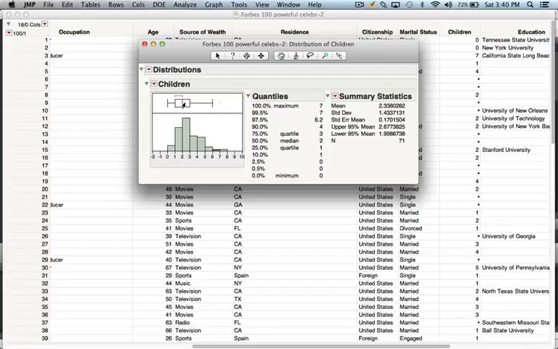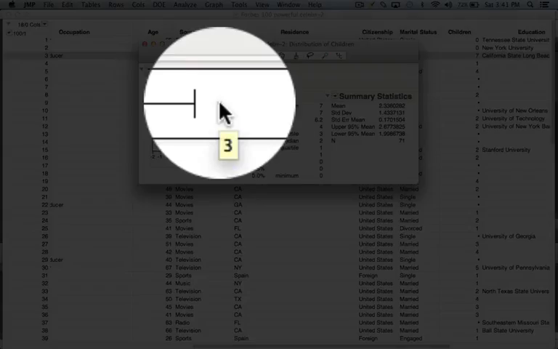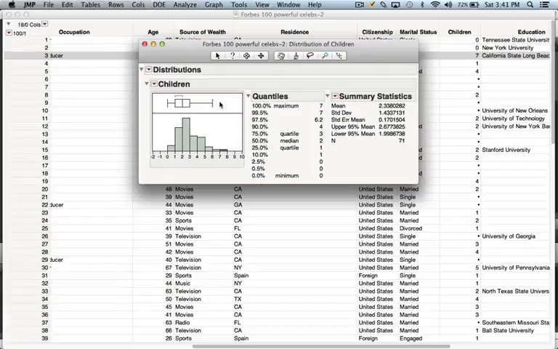So the interquartile range would be the distance between them, which would be 2. Now, these out here are called whiskers, and the whiskers extend to 0 and 6. This point out here is an outlier. It has a value of 7, and you see when you click on it, the row is highlighted over here.